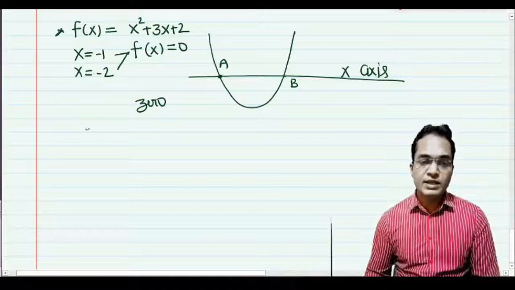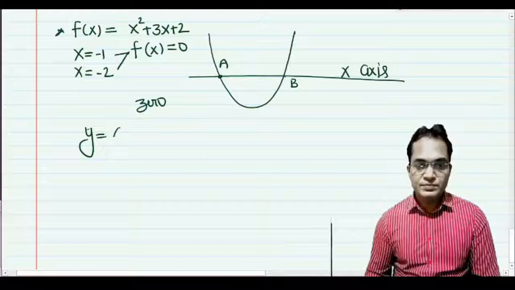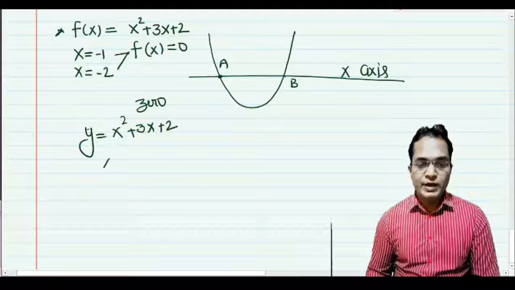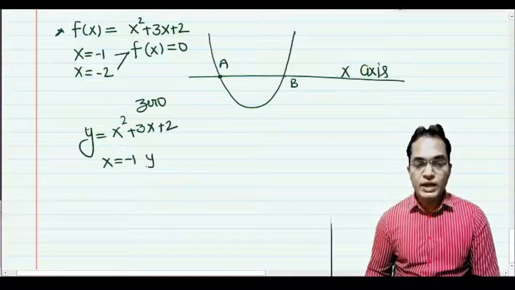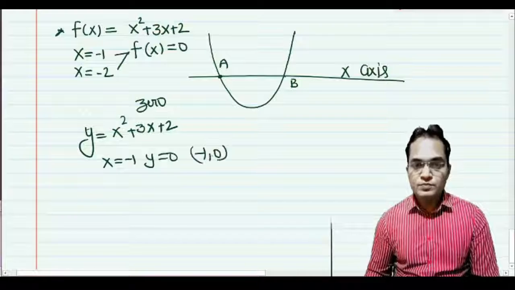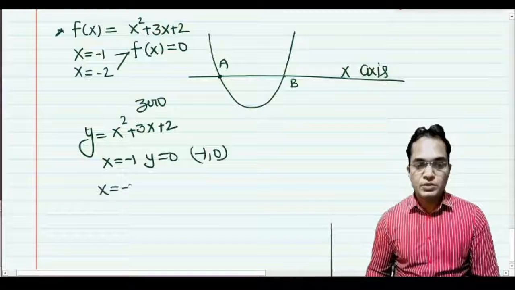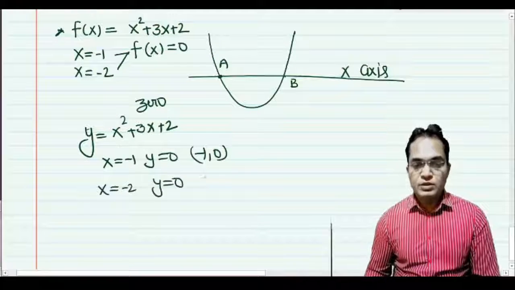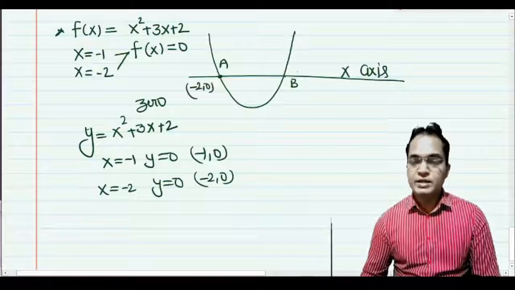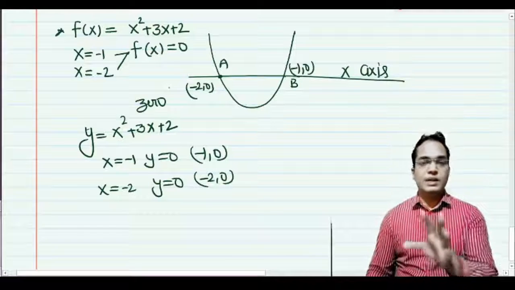The value of y is x² + 3x + 2, and for x = -1, y is 0, so the point will be (-1, 0), and for x = -2, y is again 0, so the point will be (-2, 0). This is the parabola.